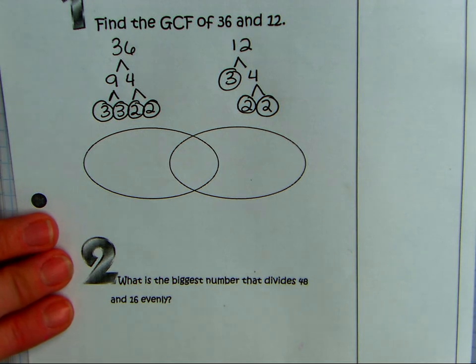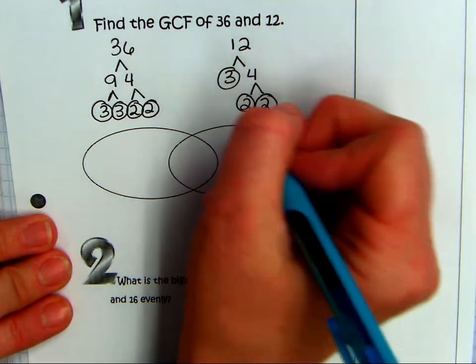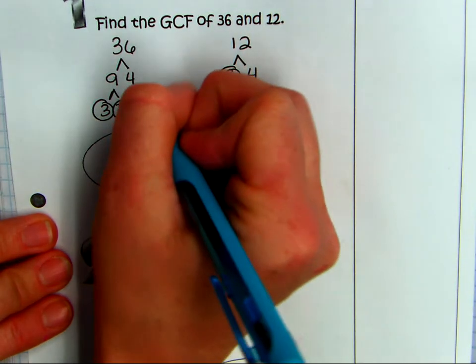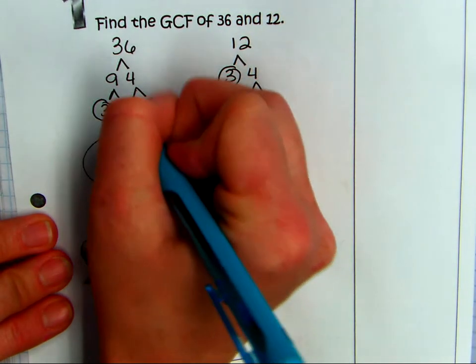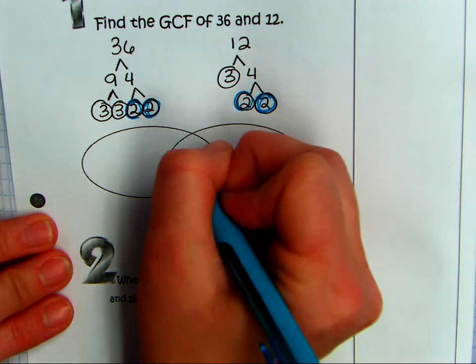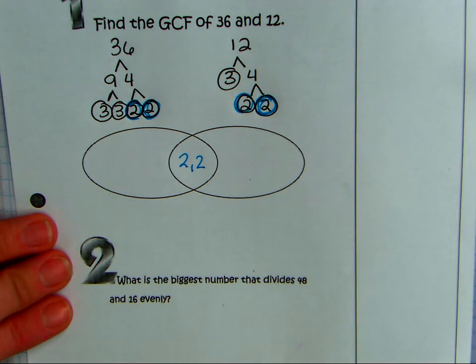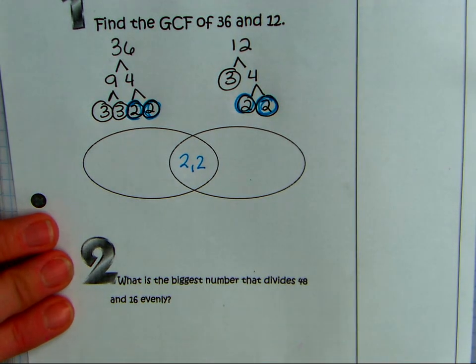So now what's our next step? Noah? You need to list the factors that are similar in the middle. Correct. So we're going to find the ones that are the same. So I'm going to see this 2 matches with this 2. This 2 matches with this 2. So I have a 2 and a 2. Those are the same.